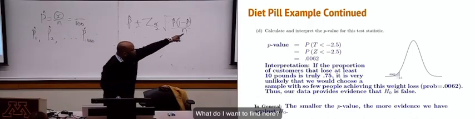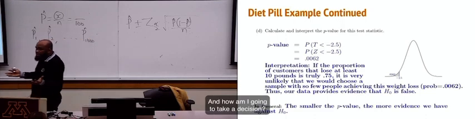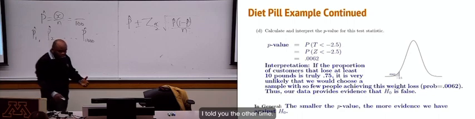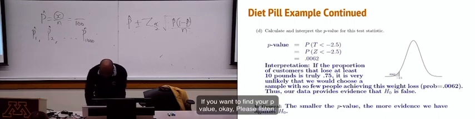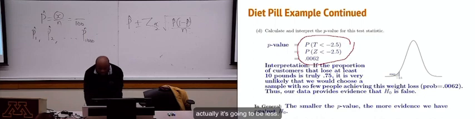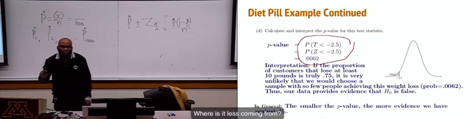Now, what do I want to find here? I want to take a decision, right? And how am I going to take a decision? I want to find my p-value. I told you the other time, if you want to find your p-value, it's going to be Z less. Where is the less coming from?